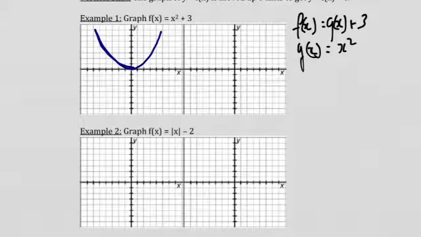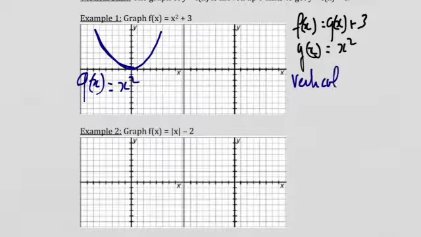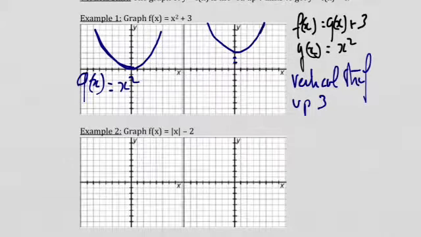If that is g of x equal x squared, then with f of x equal g of x plus 3, I'm supposed to have a vertical shift up 3. So everything is going to move up 3, and if that is 1, 2, 3, this is f of x equal g of x plus 3.